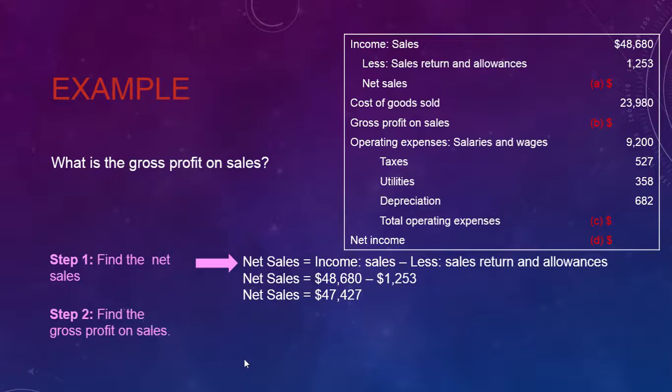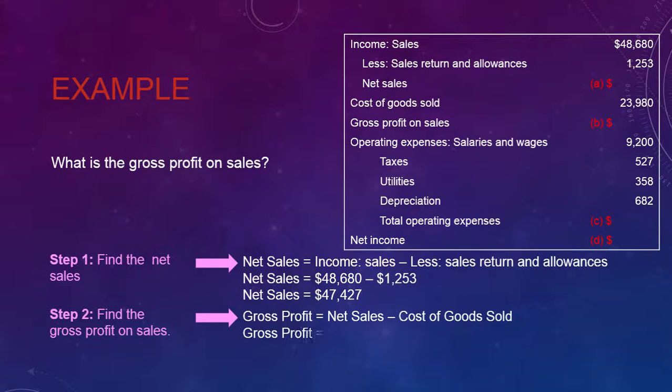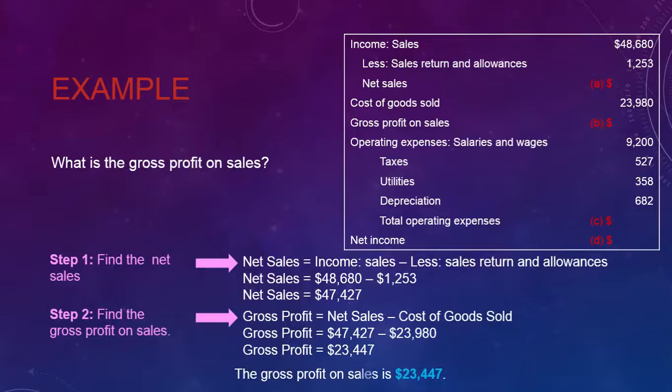When we have that, we can find the gross profit by taking the cost of goods sold and subtracting it from the net sales. Plug in everything we know, and we can see that the gross profit is equal to $23,447. And for this example, we are actually done.